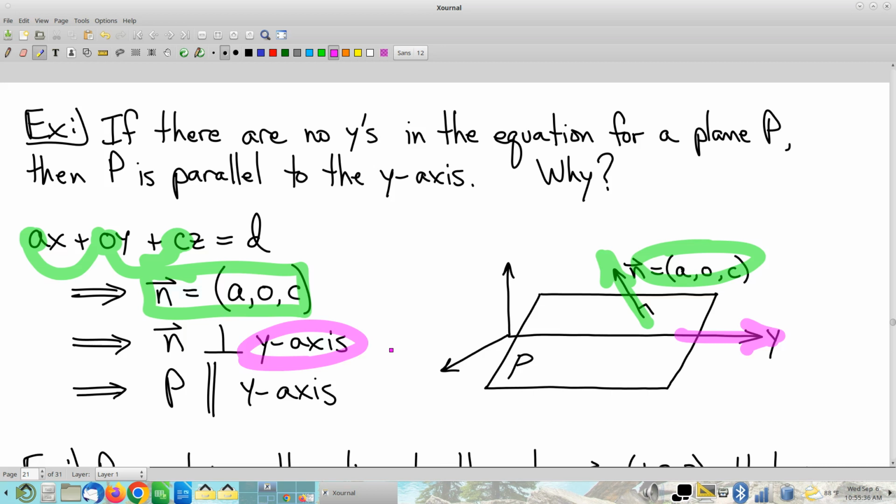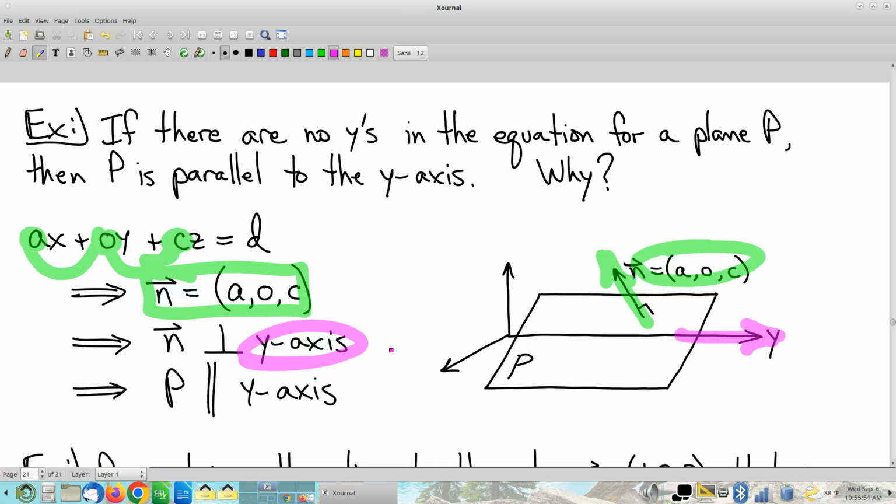Dot product is clearly 0. That means orthogonal, which means that this is perpendicular. So this green vector is perpendicular to the y-axis.